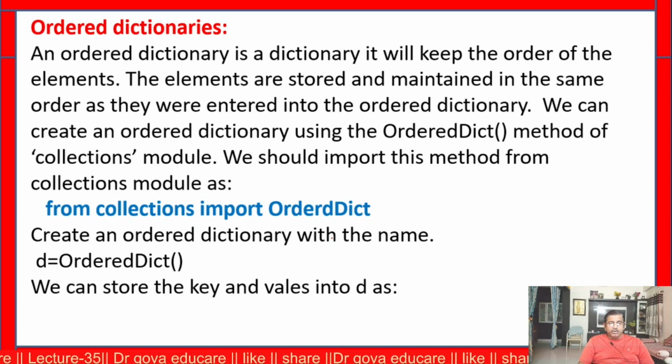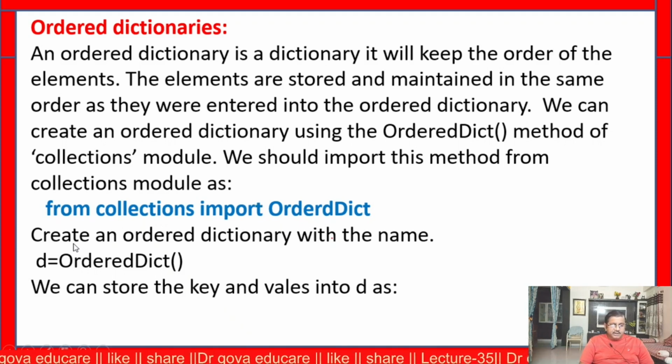We should import this method from collections. This is the syntax: from collections import OrderedDict. Now, I am importing only this one. Suppose I want to import everything: from collections import star.